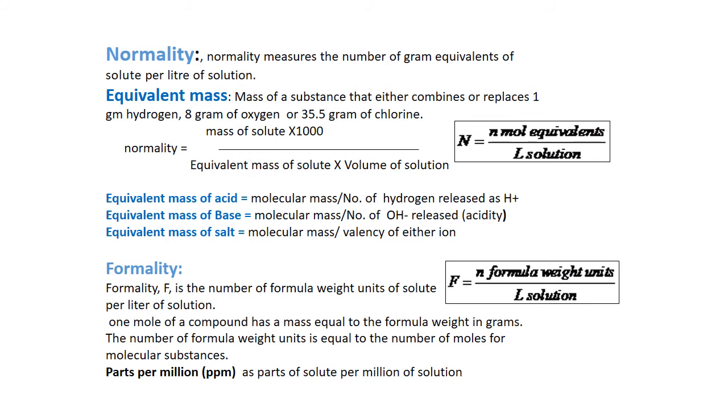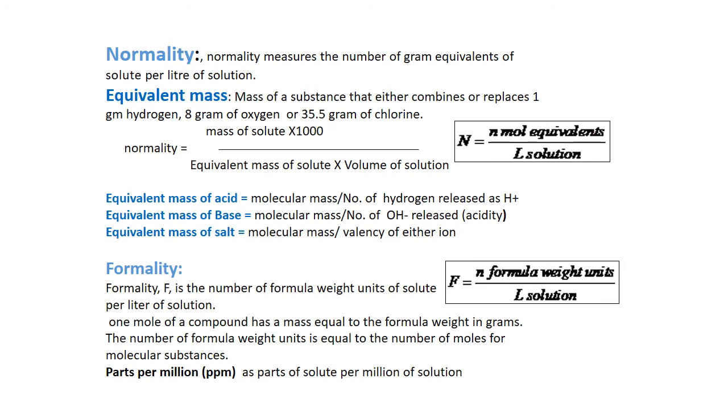Now how can we find out the equivalent mass of acid? Mostly we are given the equivalent mass, but sometimes we have to calculate it. For an acid, it is the molecular mass divided by number of hydrogen released as H positive, which means basicity of the acid.